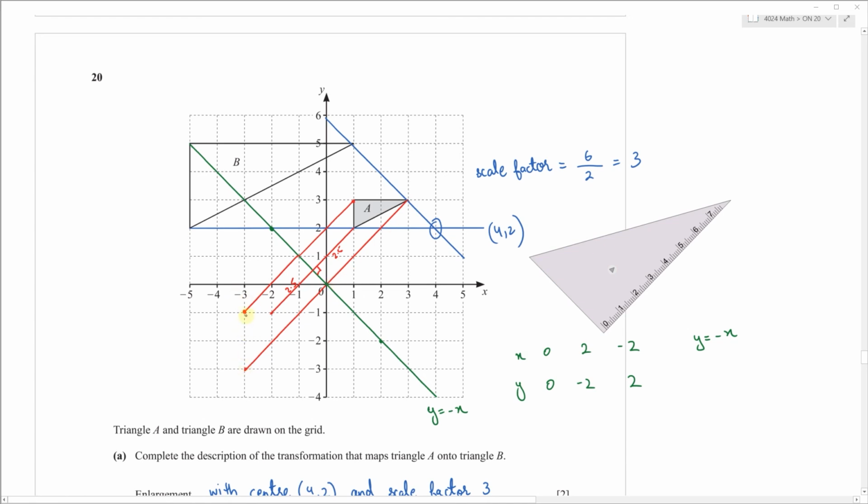I can join them to get my triangle C. So this will be my triangle C with vertices at (-2, -1), (-3, -1), and (-3, -3). So that's how you will perform this reflection to get triangle C.